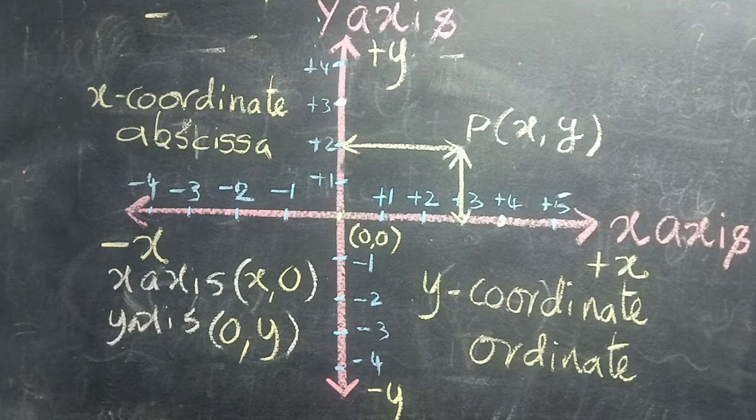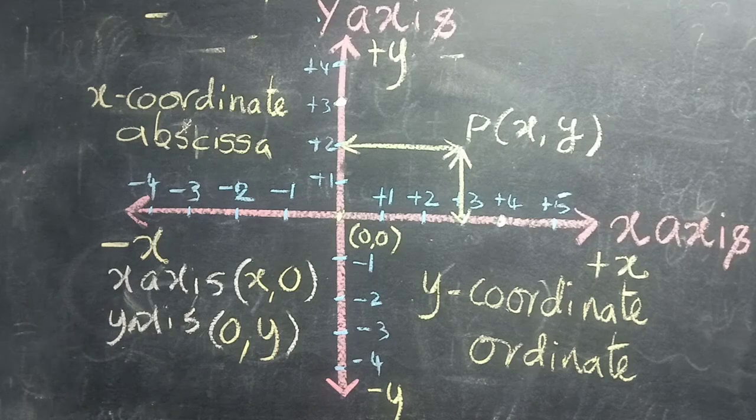Then we will try to find the coordinates of the point which divides a line segment joining 2 given points in the given ratio. Given a line joined by 2 points, that line is divided in some ratio, and that point we'll find out.